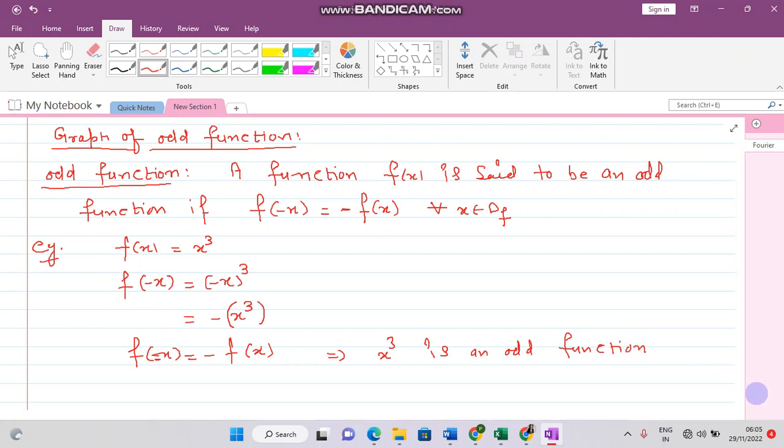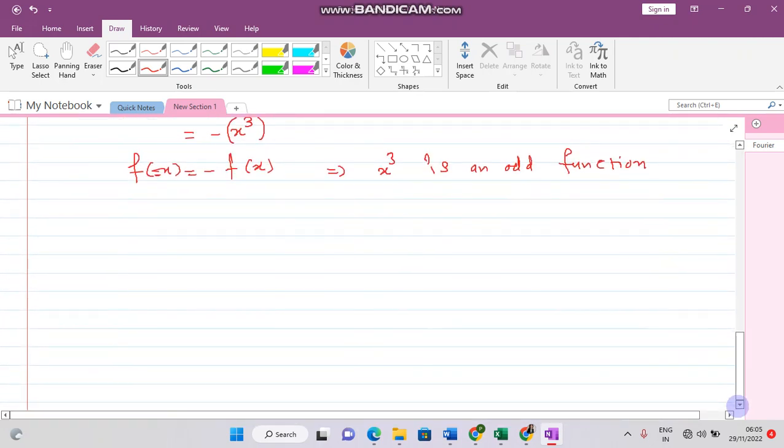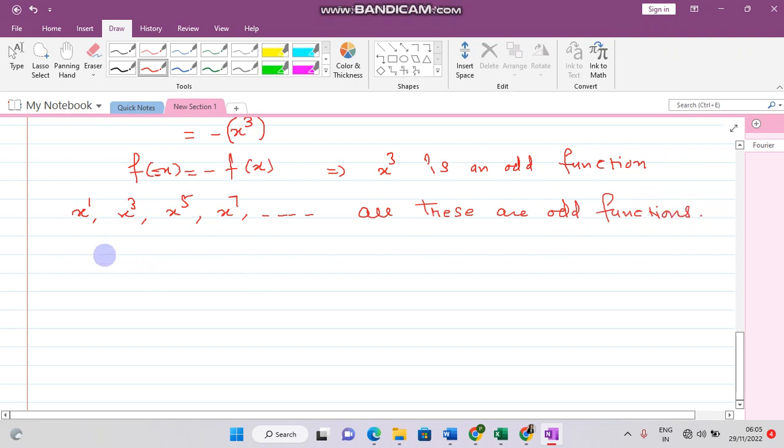Now in the list of odd functions, we have functions like x raised to the power 1, x raised to the power 3, x raised to the power 5, x raised to the power 7. All these are odd functions.